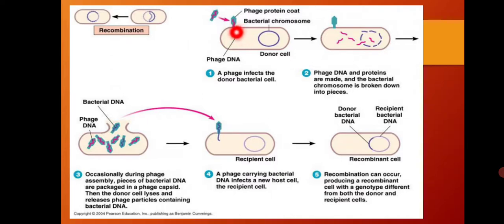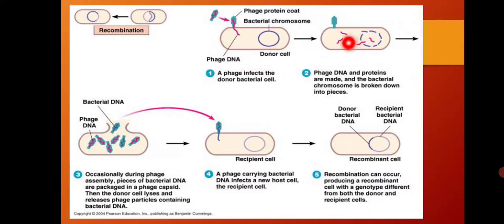This phage gets attached, or adsorbed, to the bacterial cell. So the first step is attachment of the phage to the bacterial cell. A phage infects a donor bacterial cell, so it starts to infect the bacterial cell: initiation of infection, or attachment of phage to the bacterial cell.